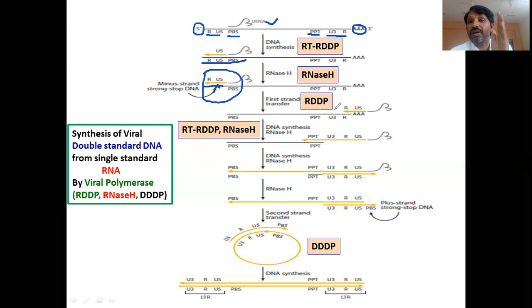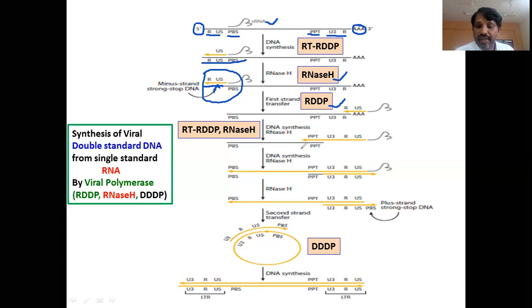Here, RNA is used as a template and DNA is synthesized. That is called RNA-dependent DNA synthesis, or RNA-dependent DNA polymerase activity. So as of now, we have seen two activities: RNA-dependent DNA polymerase activity and RNase H activity.